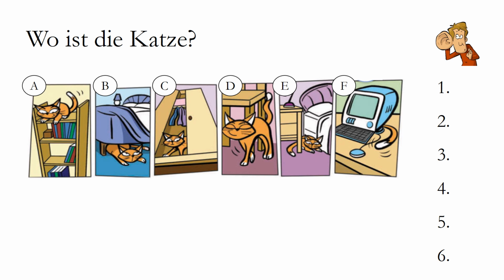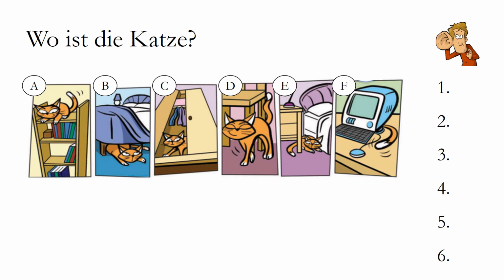Die Katze ist zwischen dem Bett und dem Schreibtisch. 5. Die Katze ist neben dem Stuhl. 6. Die Katze ist unter dem Bett.